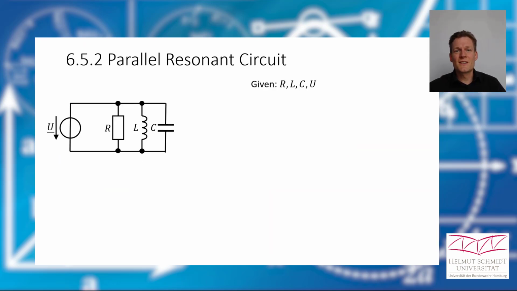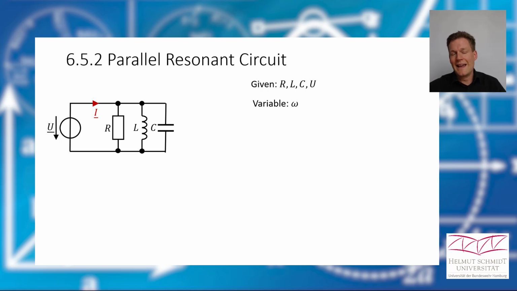If we have a series resonance circuit, then obviously we could have a parallel resonance circuit too. Again, we know the values of our elements here, and we can vary our omega. And again, we want to find the current here, in dependency of omega.